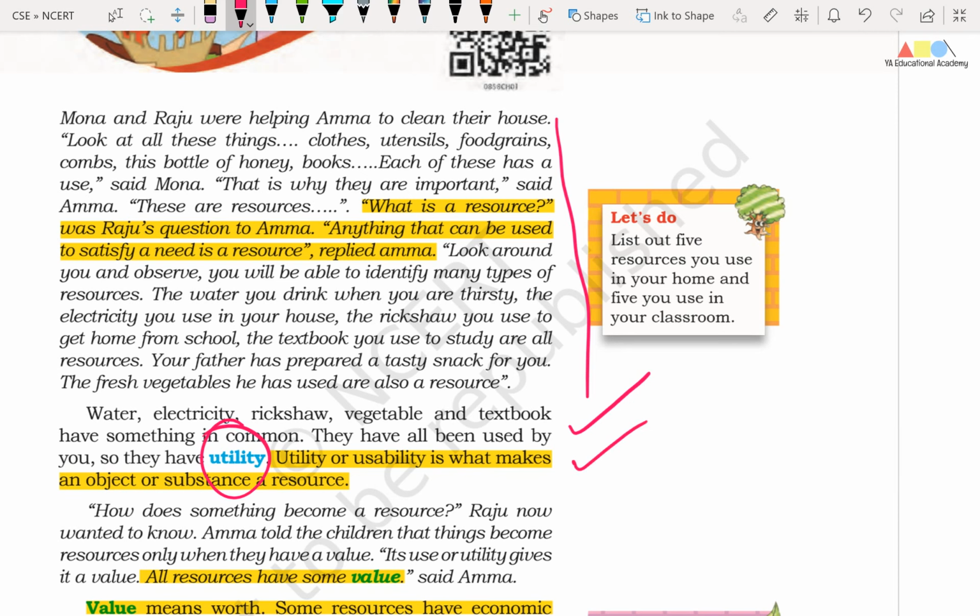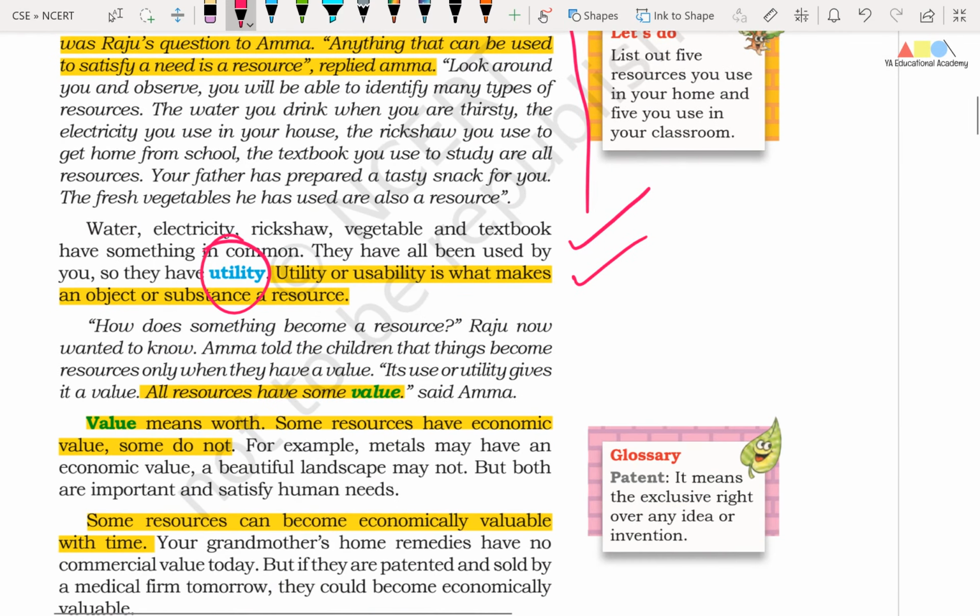Friends, utility or usability is what makes an object or a substance a resource. So what is a resource? Resource has some utility, right friends? Apart from that, all resources have some value also. So a resource has a utility, and a resource has some value also.